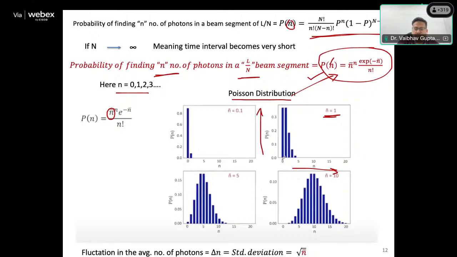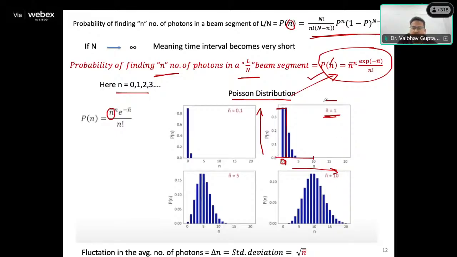So tell me, what is the probability of finding 0 photons? It is roughly 0.4, let's say. What is the probability of finding 1 photon? Again the same. Then the probability of finding 10 photons is tending towards 0.